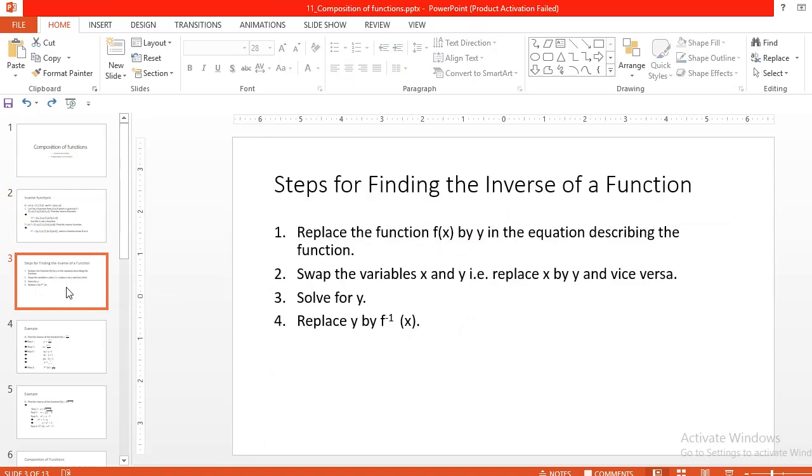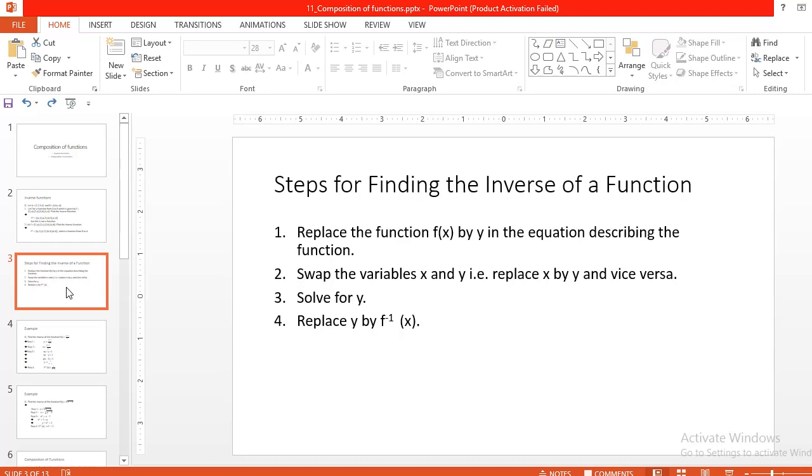Next, in the earlier lecture we have seen how we can find the inverse of a function. Now suppose an equation is given and the question is to find the inverse of that equation. How can we find the inverse of a function?